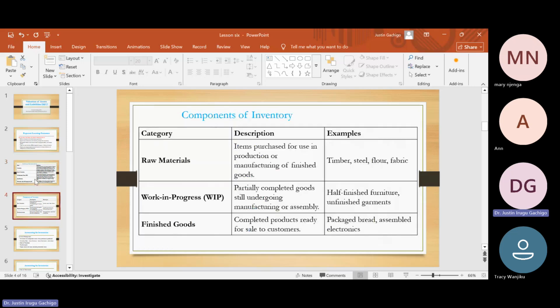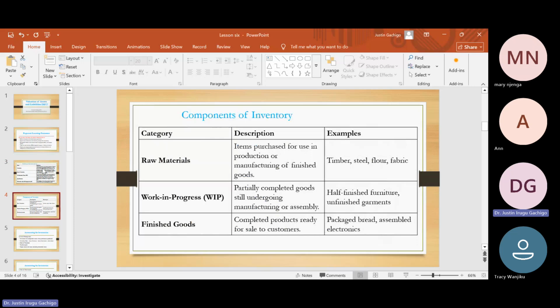Then we have the raw materials. So I said that we look at the various components of inventories. We have the raw materials, and these are items purchased for use in production or manufacturing of finished goods. An example, we have timber, steel, flour, and fabric. Those are the raw materials.